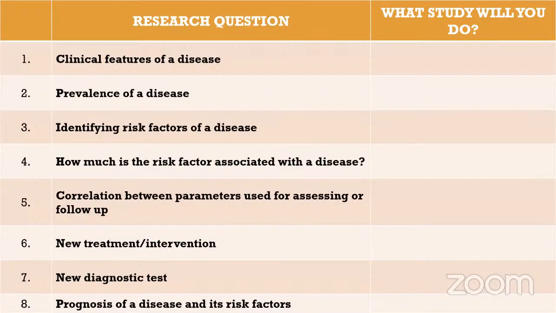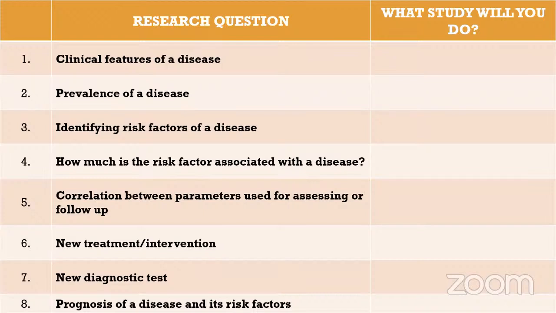I've just listed some of the common research questions and what structure they would fall into. So you can either do research to look at clinical features of a particular disease, say diphtheria. What are the signs and symptoms of diphtheria? We all know it now in the literature because someone has done a study of 50 patients with diphtheria or 100 patients and looked at how many have each of the symptoms.